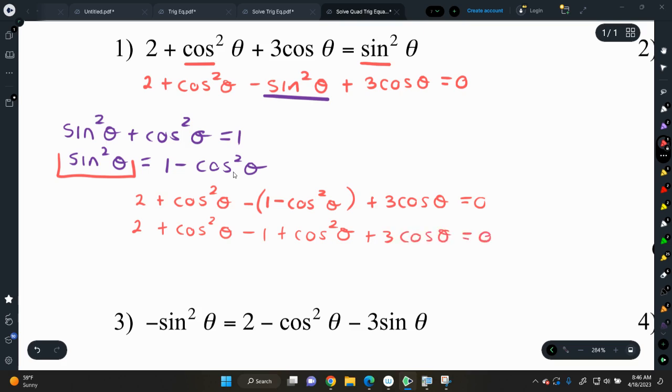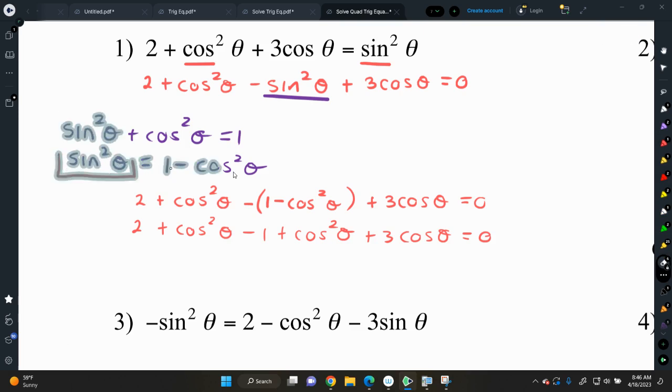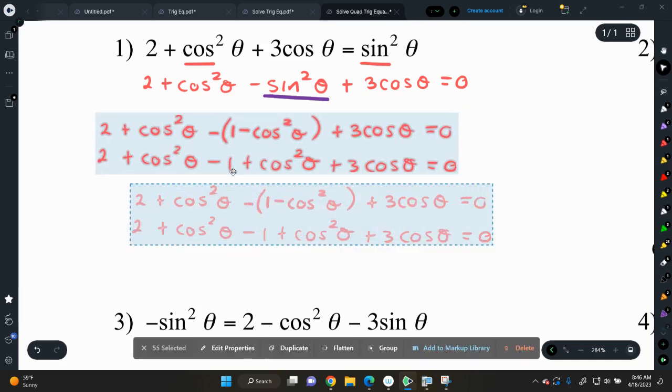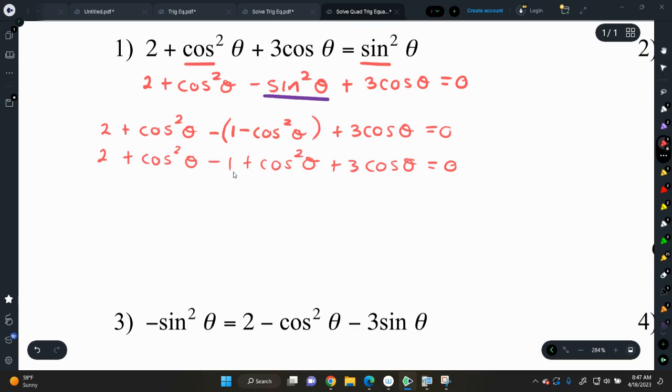All right. So we're going to combine our like terms and see if we can figure out how to factor it. Okay, so we have 2 cosine squared theta plus 3 cosine theta plus 1 equals 0.